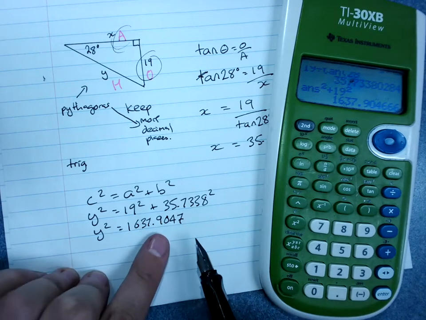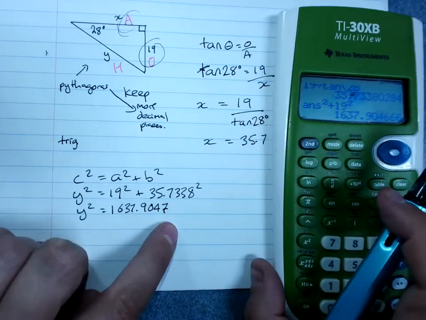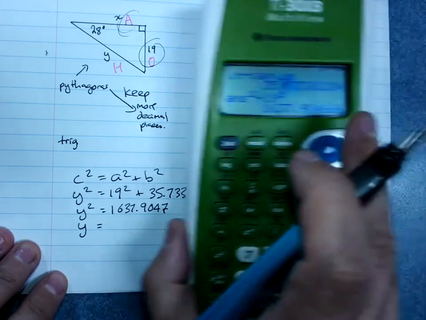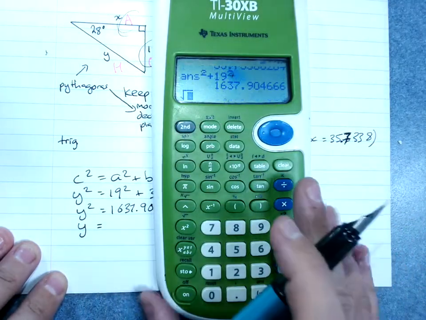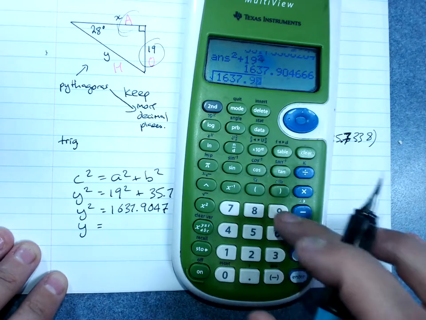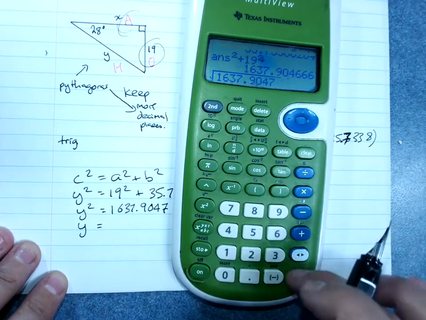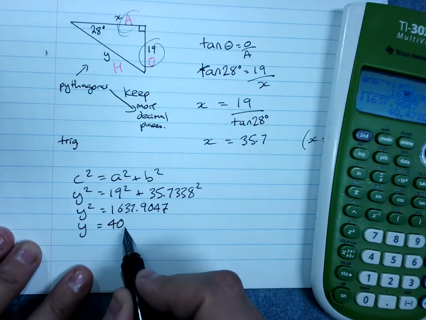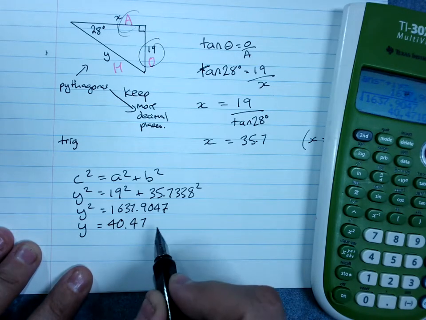So if I'm going for 2 decimal places in my answer, I keep at least 4 decimal places anywhere else. Find the square root. And y equals 40.47.